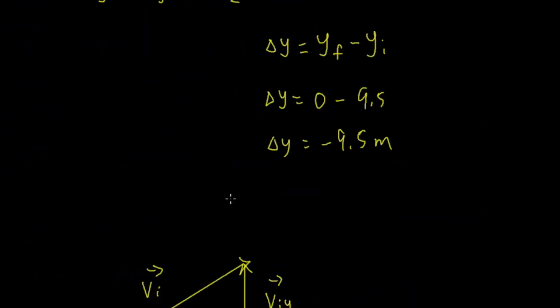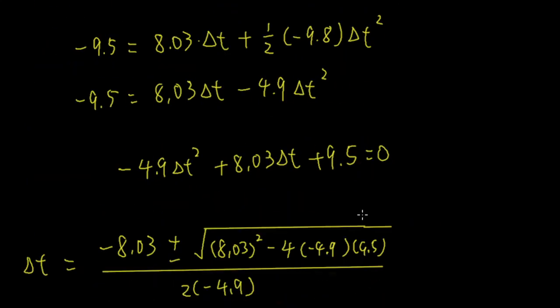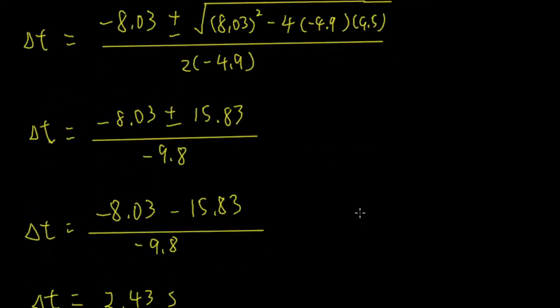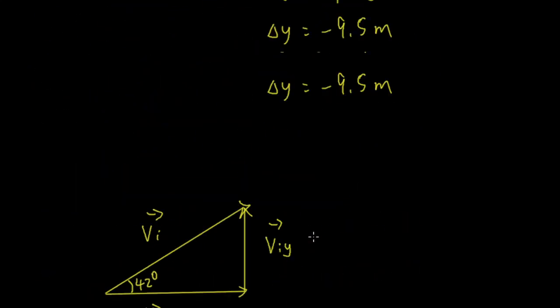Now v initial x is 8.92 meters per second, and delta t is what we calculated in part A, 2.43 seconds.